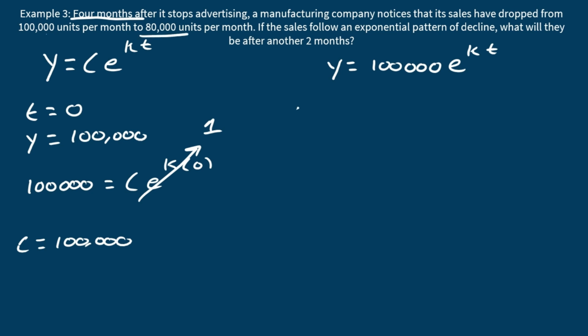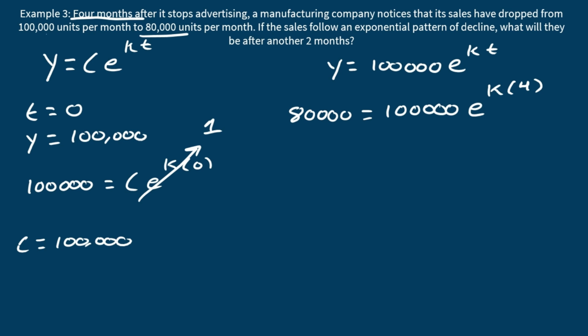So our y value is 80,000. That's going to be equal to 100,000 e raised to the k times, and our time in this case is 4 months. So we're going to put a 4 there.